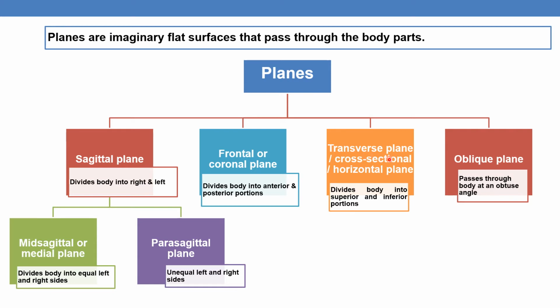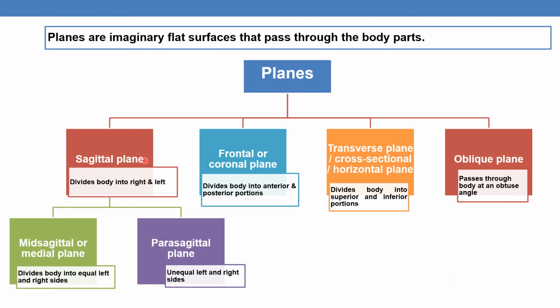Next is transverse plane or cross-sectional or horizontal plane. It divides the body into superior and inferior portions. The next is oblique plane. It passes through the body at an obtuse angle, hence the name oblique.